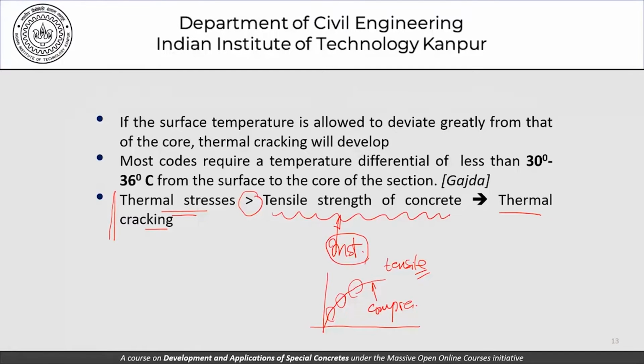The tensile strength also develops with time, and if the stresses at any point in time exceed the tensile strength at that time, obviously we have a risk of thermal cracking. So that's what we are talking about here. Thermal cracking is likely to develop if the surface temperature Ts is far in excess of that at the core. This is what is going to cause thermal gradients, and finally there will be cracking, as we will see subsequently.